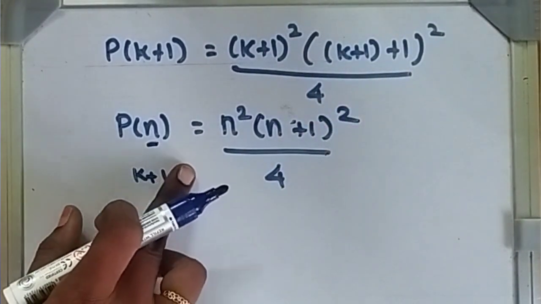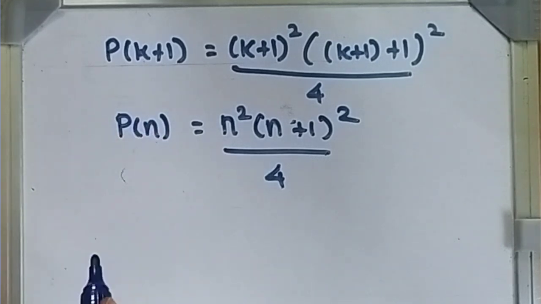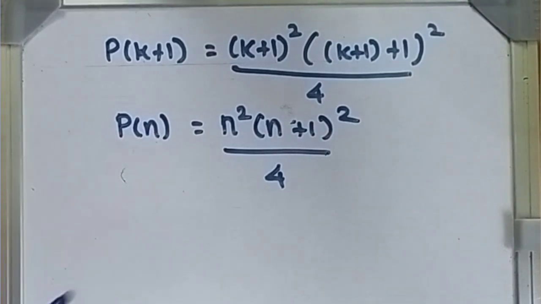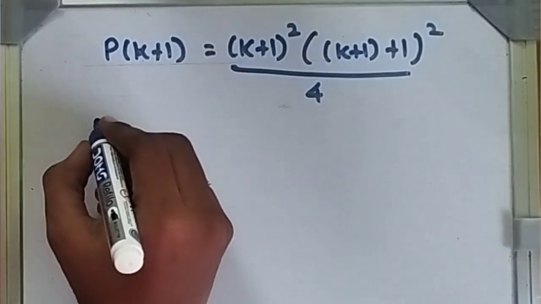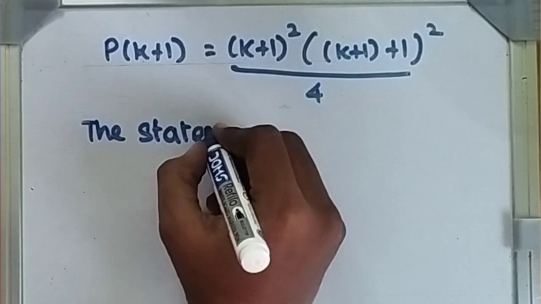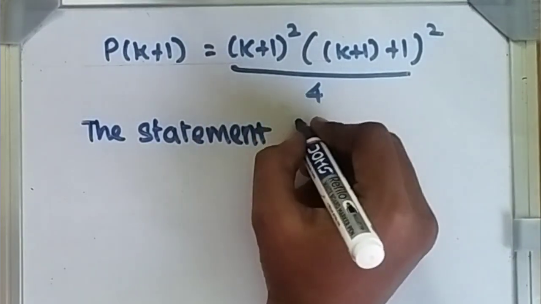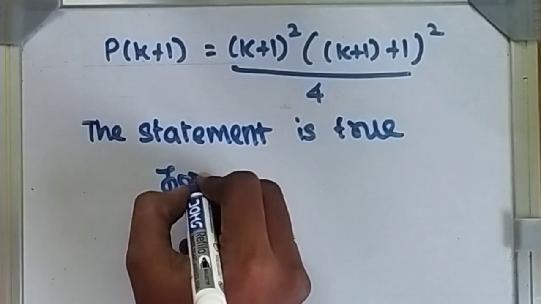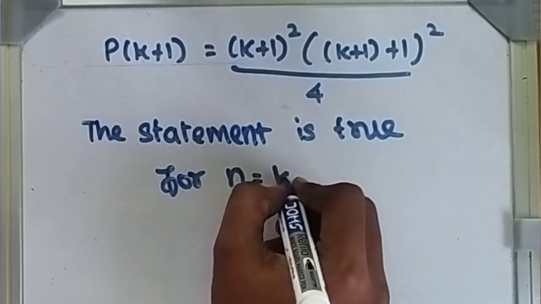So from this we can conclude that this statement is true for the value n equals k plus 1, right? Clear. So from this I can say that the statement is true for n equals k plus 1.